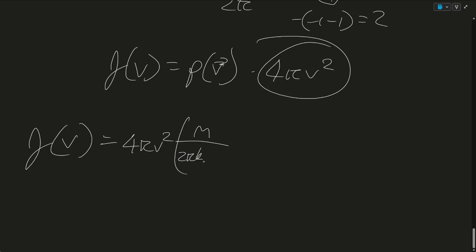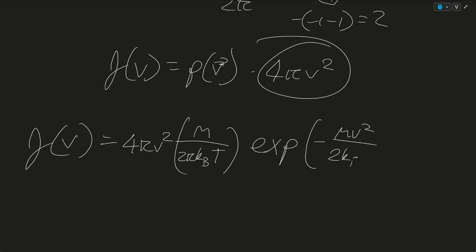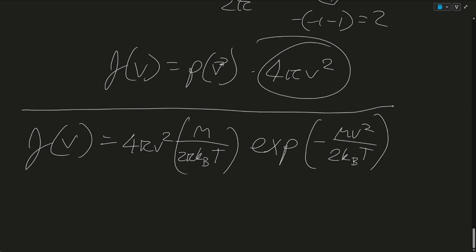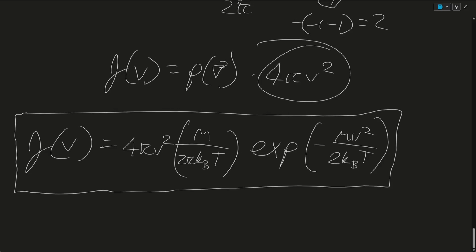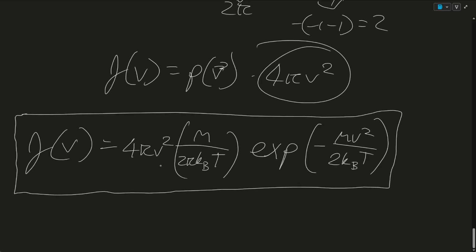Oh, I've already messed that one up, haven't I? kbt, exponent of minus mv squared over 2kbt. There. And we can safely pop a box around that, as that is the general form of the Maxwell-Boltzmann distribution.